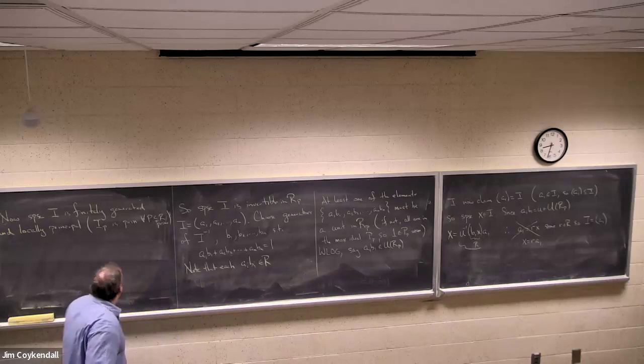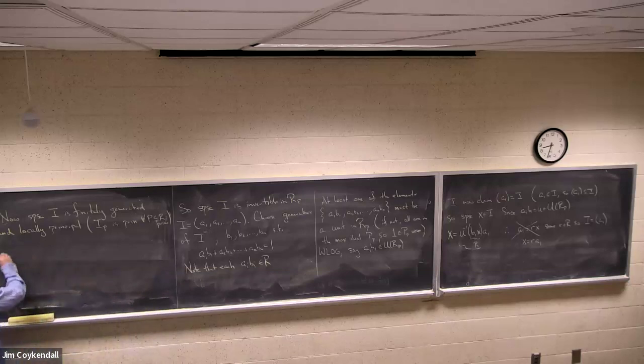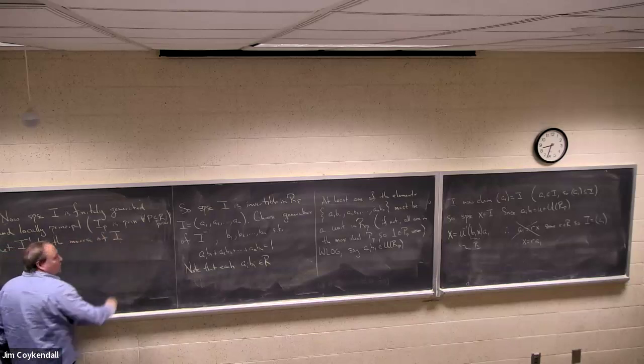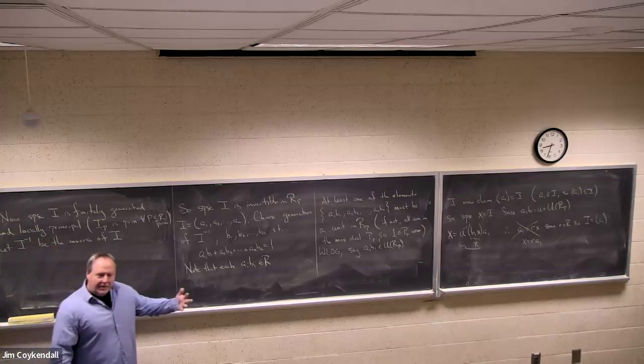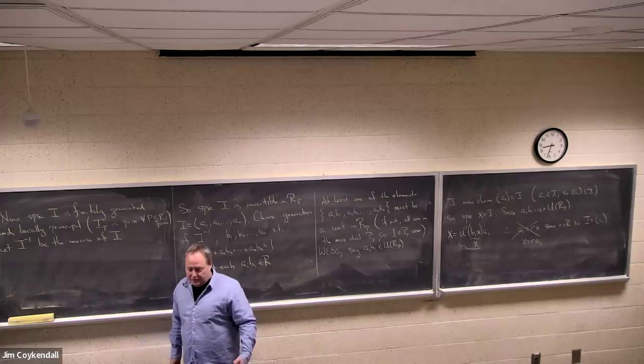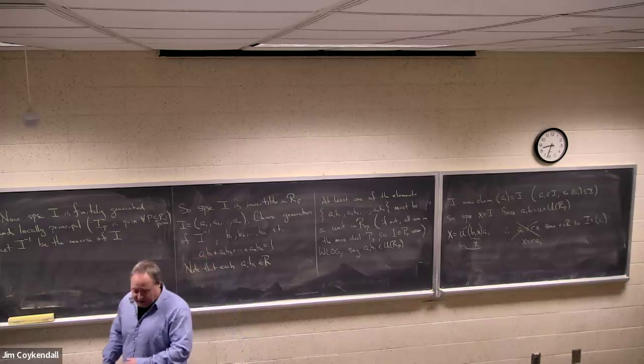So let I inverse be the inverse of I. Remember, the inverse of any ideal can always be constructed: you just build it, it's everything in the quotient field that blasts I back into the ring.